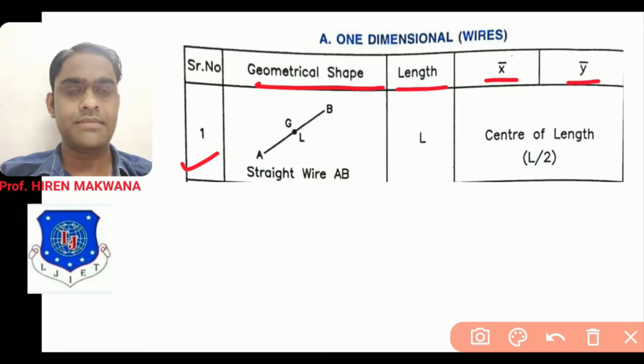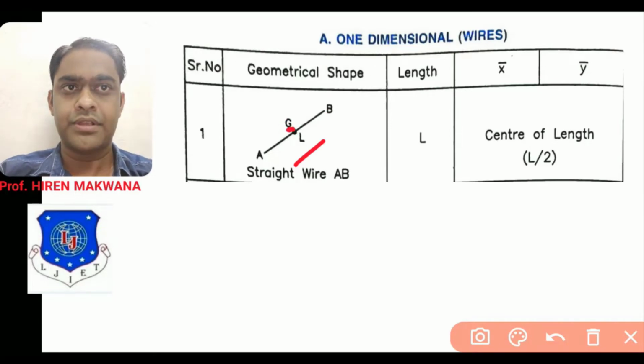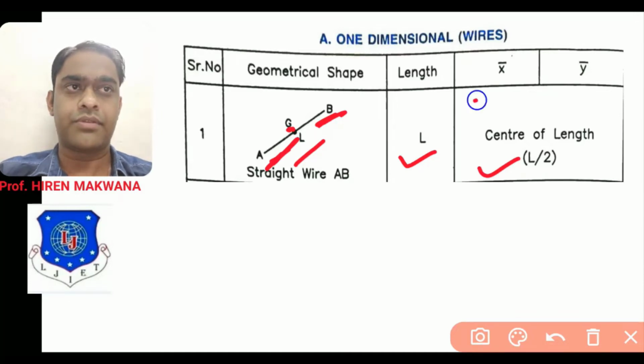In the first figure, it is a straight wire AB, means straight line AB. From A to B, it is a straight line. I have already told you, if the length of the line is L, then center of gravity is at midpoint. So this portion is L by 2 and this portion is also L by 2. So its length is L, its center of length is L by 2, looking from the x direction.